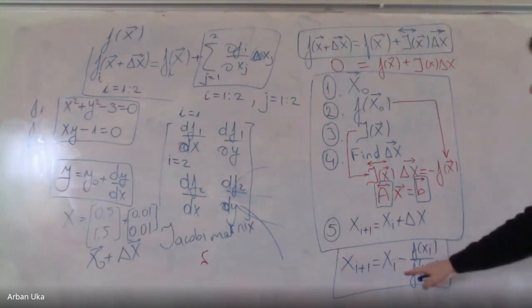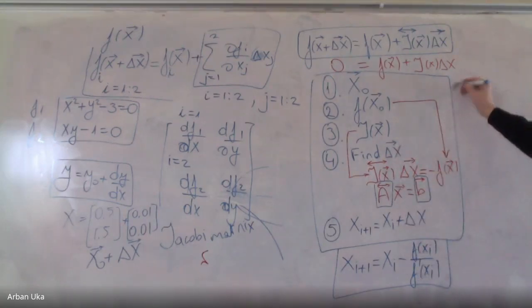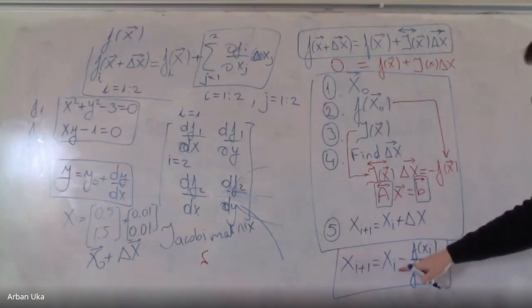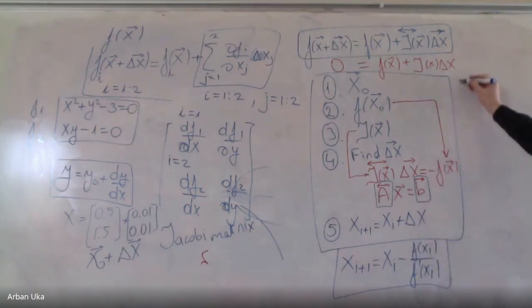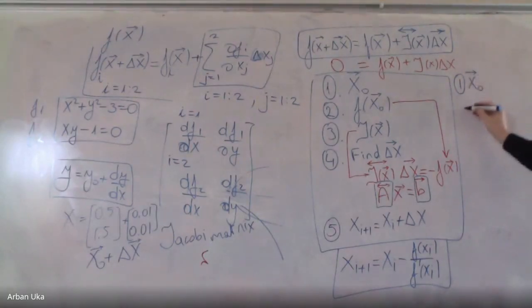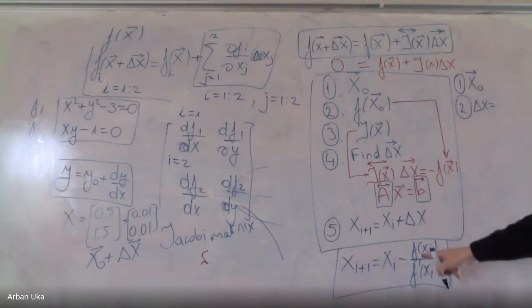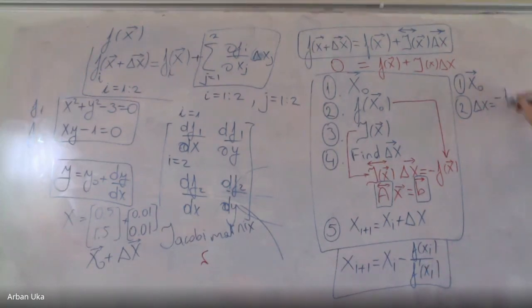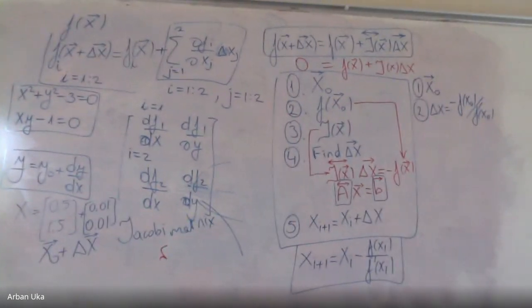And now how many steps would we use in the Newton-Raphson method? The first step used to be like this: we assume an x0, right? The second step, we find that the delta x is equal to minus f of x0 divided by the derivative at x0.